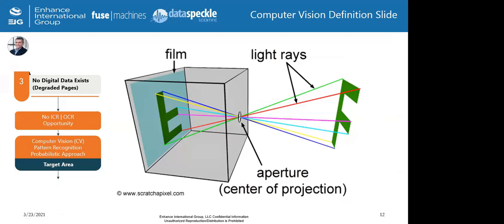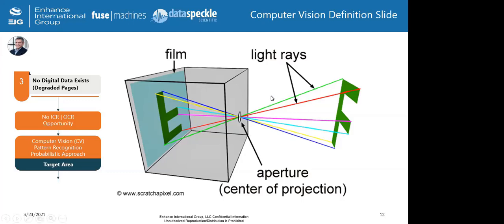Mimicking human vision probably goes back to 300 BC, because in the old Aristotelian texts, they are talking about pinhole cameras. So here is a pinhole camera. It's basically a lensless, simple box.